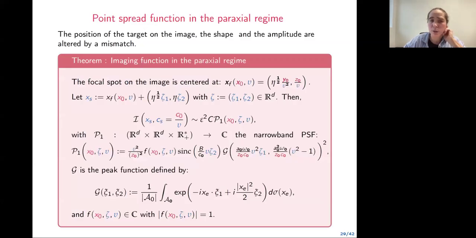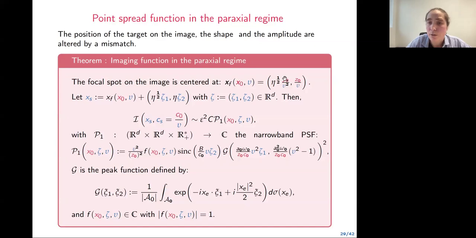So first, what we do is we write explicitly what this imaging function looks like. By doing this, we are able to determine the position of the bright spot on your image. So this is this xf. So we have the position of the bright spot.